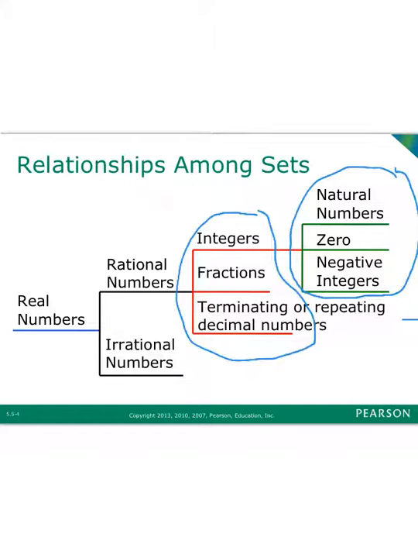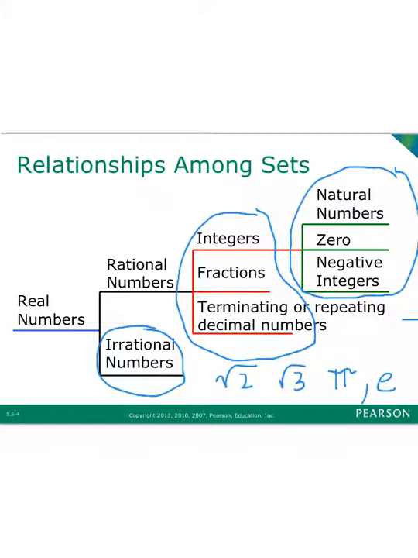And finally, we have something called irrational numbers. Irrational numbers are those numbers that don't terminate or repeat in decimal form. So the square root of 2, the square root of 3, pi is an irrational number, and the little number e is also an irrational number.